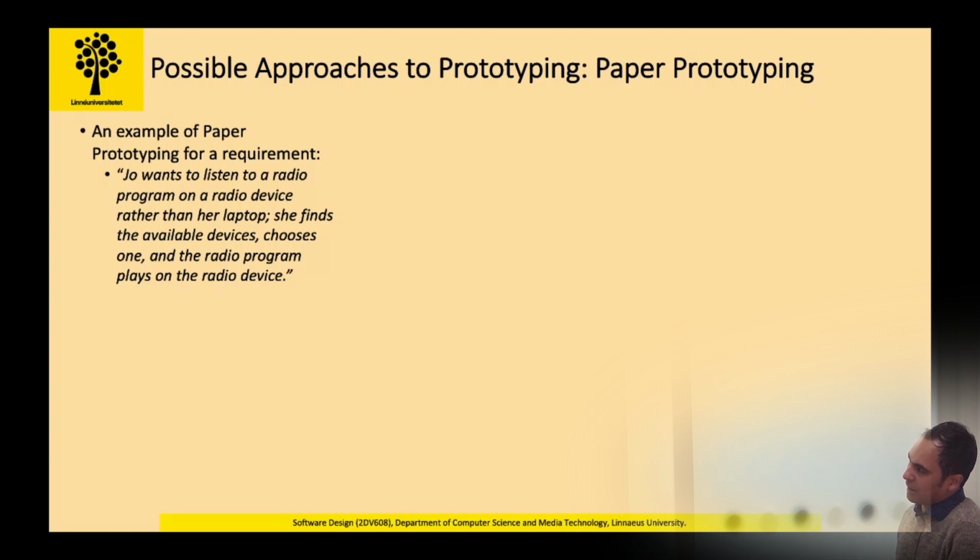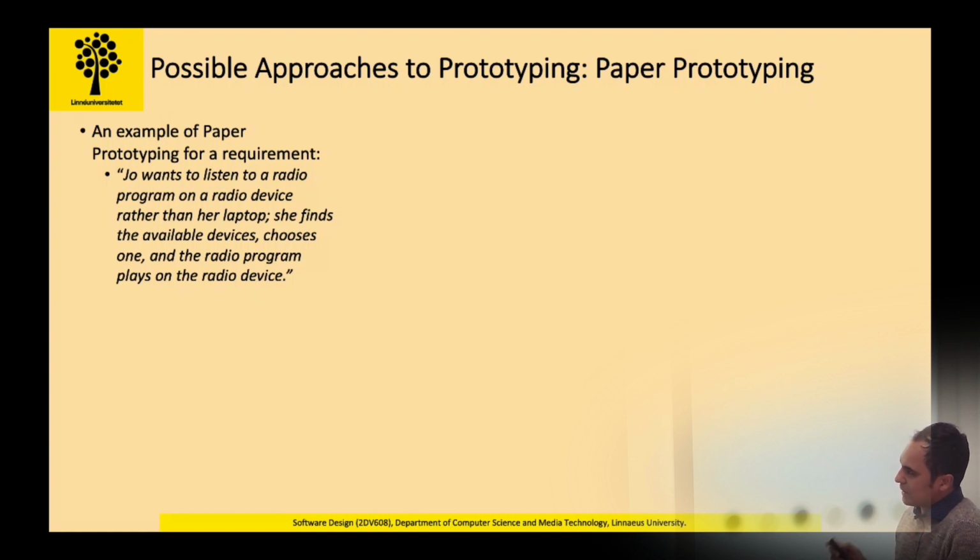And they came up with these requirements, saying that Joe, I think it's a girl, wants to listen to a radio program on a radio device rather than her laptop, and she finds the available devices, chooses one, and the radio program plays on the radio device.